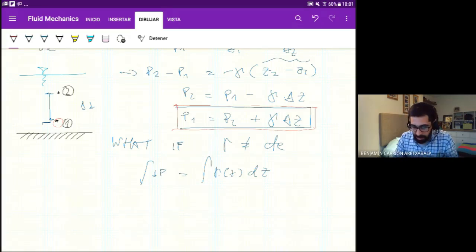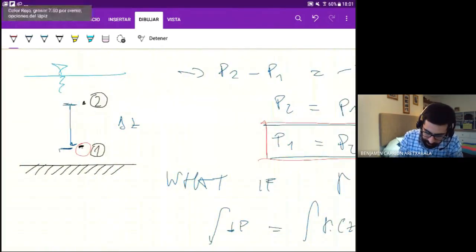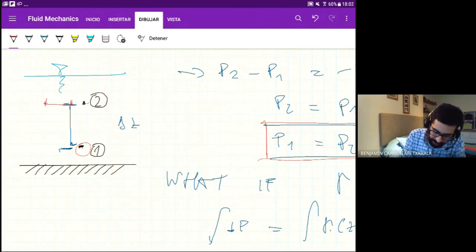Okay, so the important thing here is that between these 2 points, let me just draw it here, what we have is a linear distribution, and this is really important. I'm going to draw this to this side. So here we have this pressure, and here we have this other pressure.